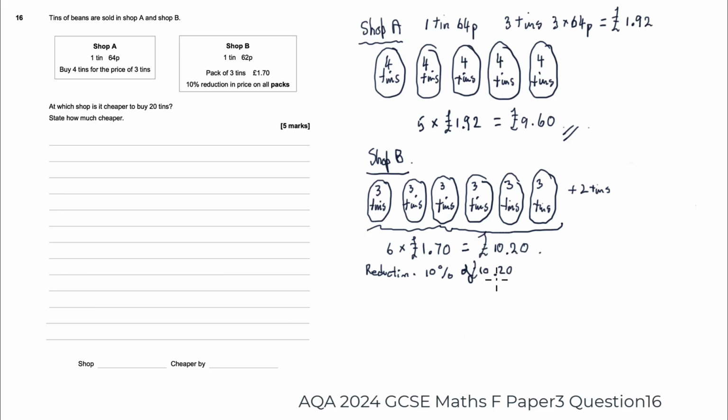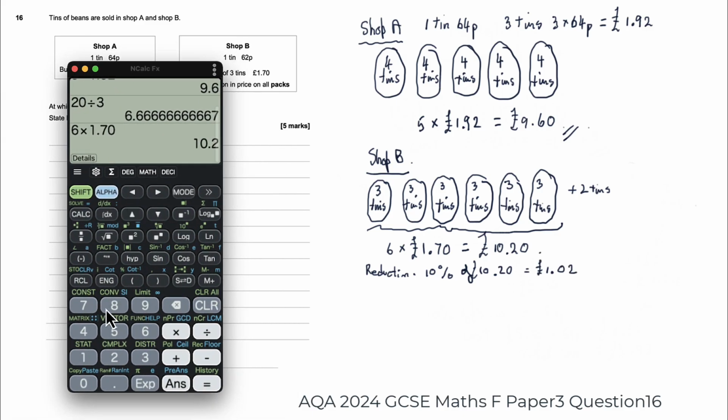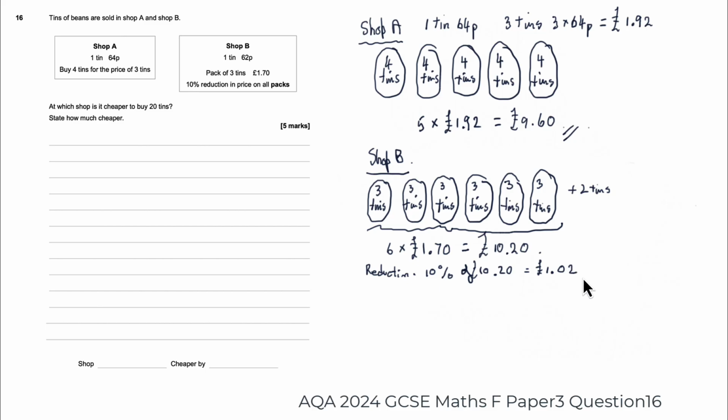So £1.02. And you can do that on your calculator. 10%, that's 10 divided by 100, that's where we got our tenth from, times £10.20. And there it is, £1.02. So that's a reduction.